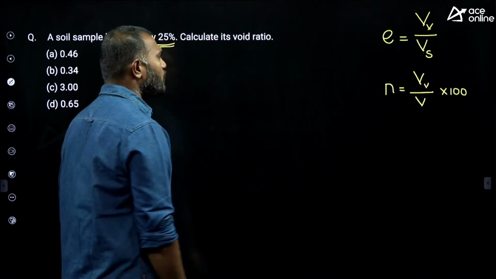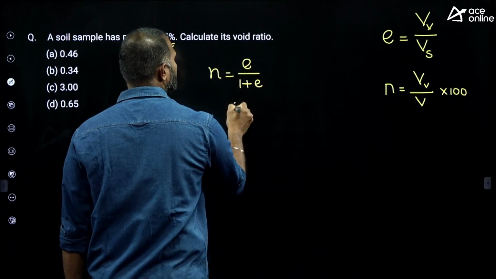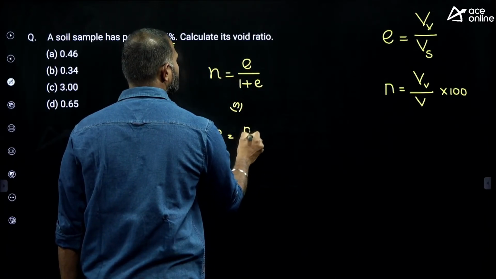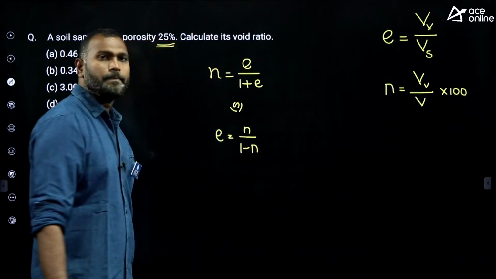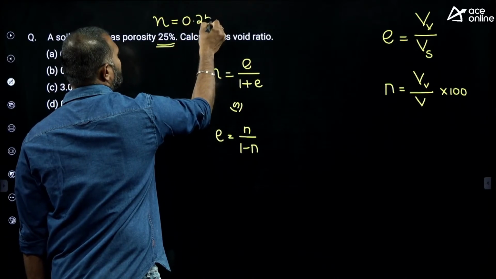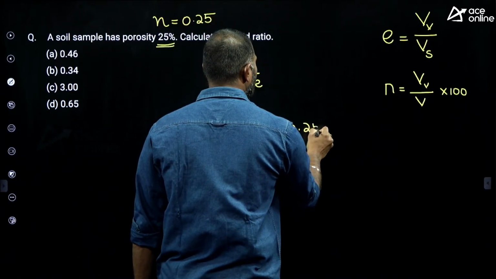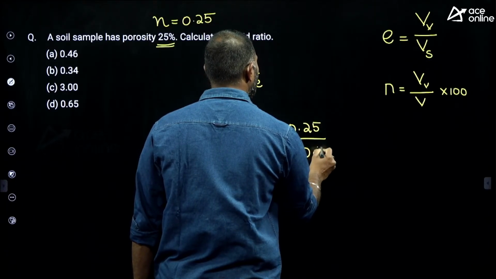The relation between void ratio and porosity is n = e/(1+e), or e = n/(1-n). As the given porosity is 25, I can take it in decimal as 0.25. So 0.25 by 1 minus 0.25.